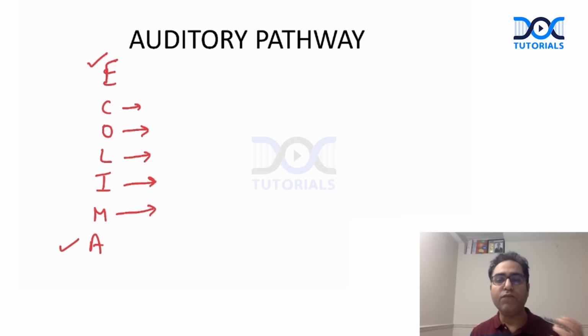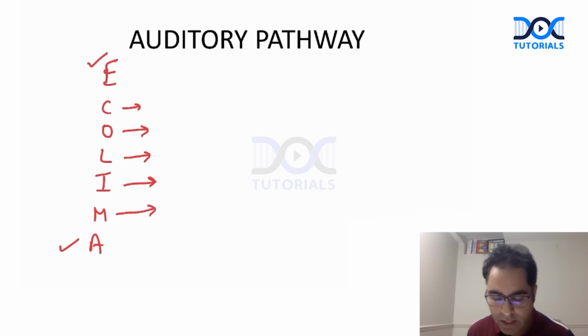Once again, E for the 8th nerve, C for cochlear nucleus, O for superior olivary complex, L for lateral lemniscus, I for inferior colliculus, M for medial geniculate body, and A for the auditory cortex, which lies in the superior temporal gyrus.